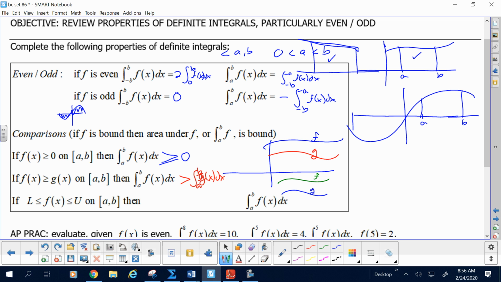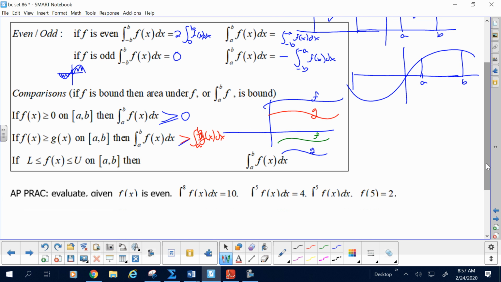Would these integral values be positive or negative? Yeah, it's a smaller negative. Okay, so f's integral would be a smaller negative, like negative 2, as opposed to g's area, which would be negative 5. Well, isn't negative 2 greater than negative 5? So it still holds true even if they're negative curves. Would it be greater than or equal to? It should be greater than or equal to, correct. Yes, thank you. You're right, Carlos.